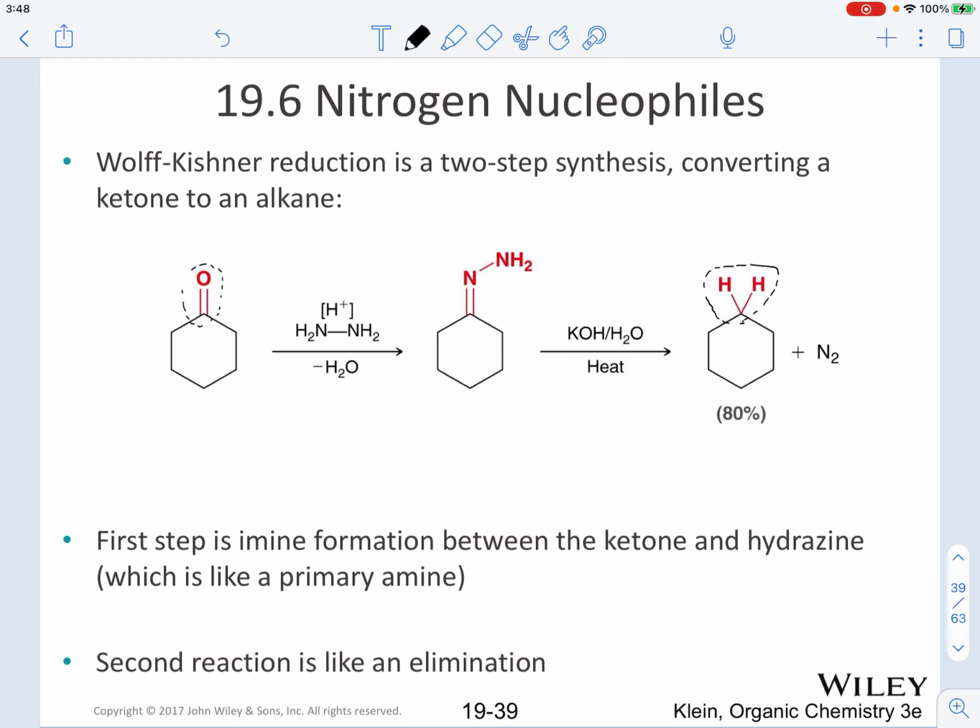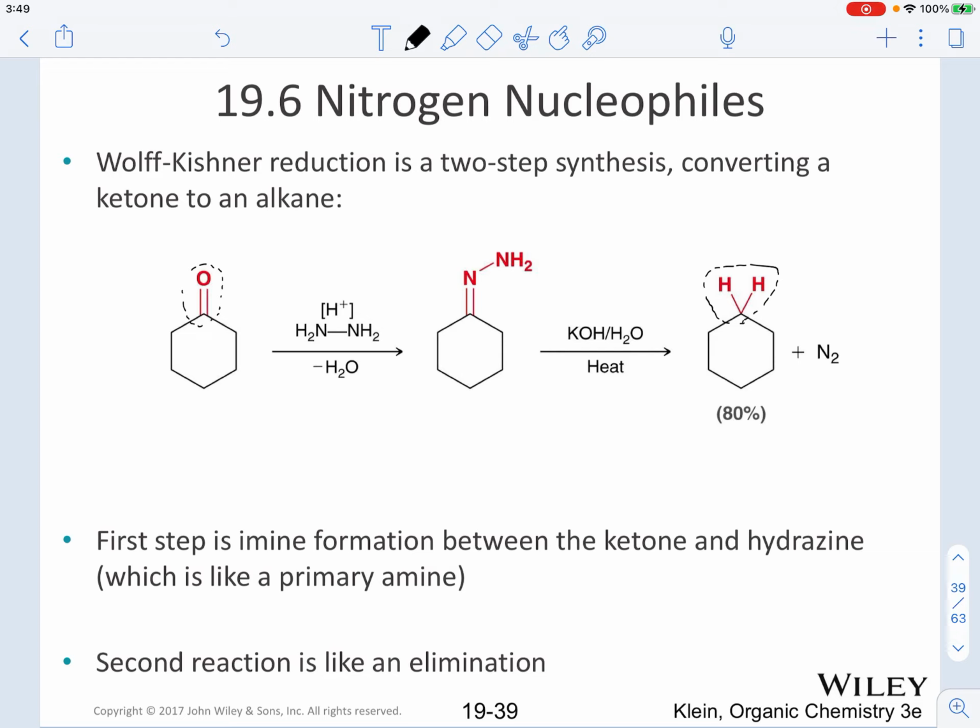Understand that the first step of the reaction is an imine formation between the ketone and specifically the reagent that is called hydrazine, which in essence is just like a primary amine.